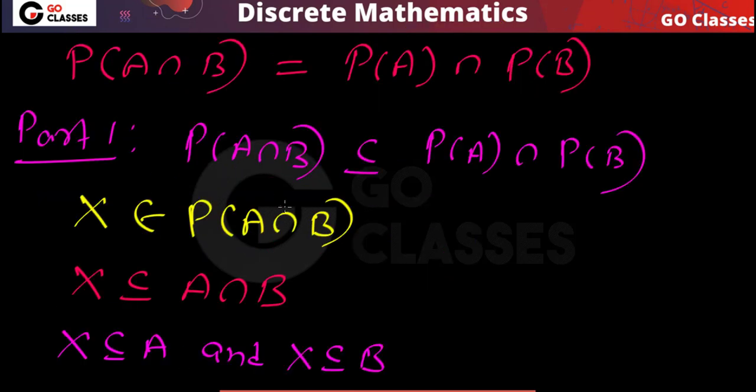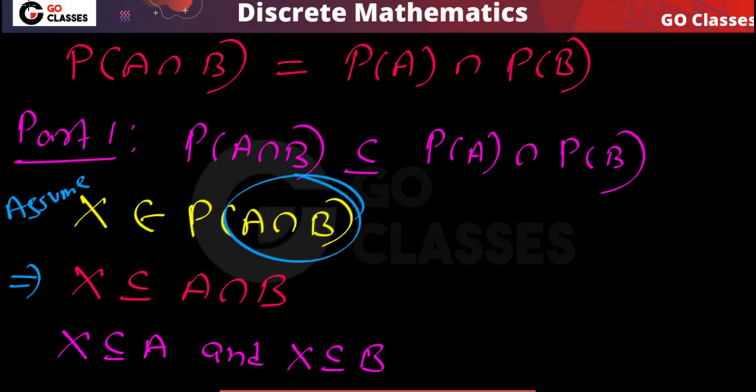Very step by step I have gone. Assume some element x is in this set. This is basically the assumption. So just assume that x belongs to P(A intersection B).